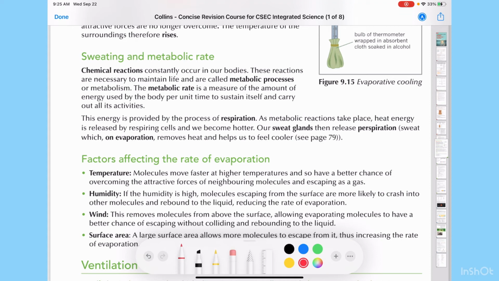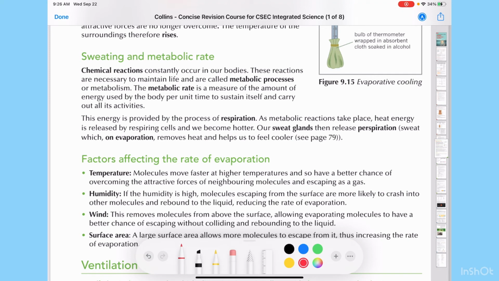So your body is going to be respiring more to give your cells more energy, and as a result, more heat energy is going to be released. Our sweat glands then release perspiration, which we know as sweat, and on evaporation it removes heat in that process as well, which helps us to feel cooler.